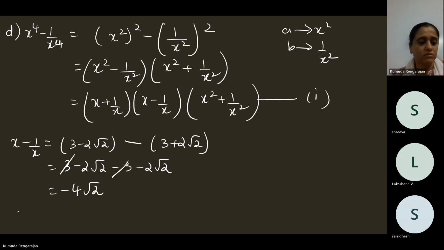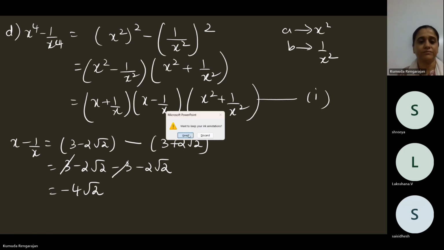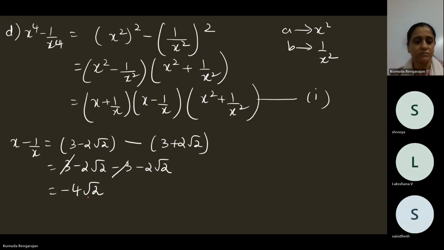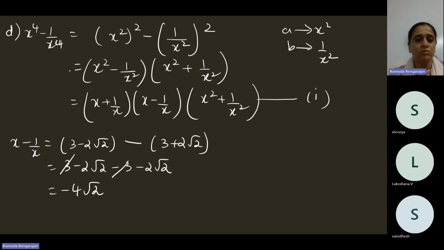Now, using equation 1, what do we have? x to the power 4 minus 1 by x to the power 4 is equal to, what is it? x plus 1 by x.